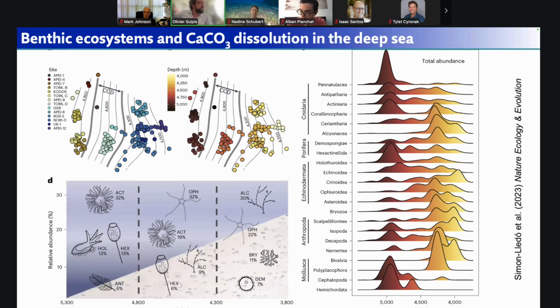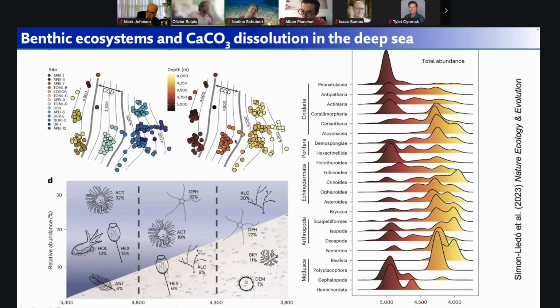Now, here is a study that is actually mostly focused on the deep sea floor. Here, the lines that we see correspond to bathymetric lines. Here we would be at the area of the seafloor where we switch from sediments that are rich in calcite to sediments that are very poor in calcite. This depth is called the CCD.